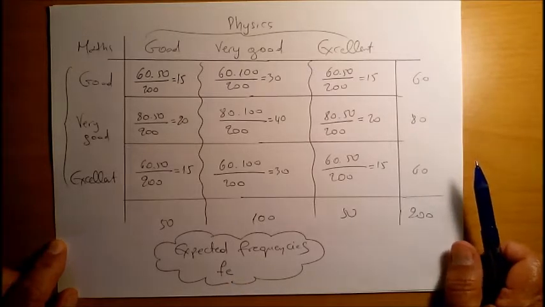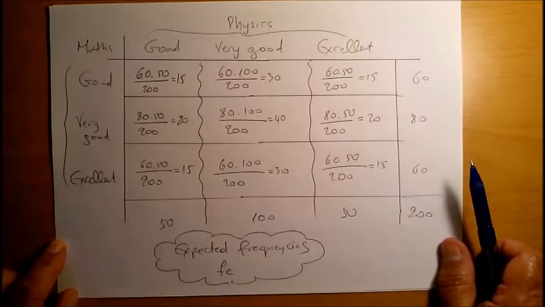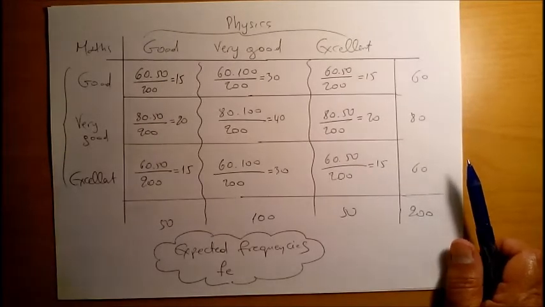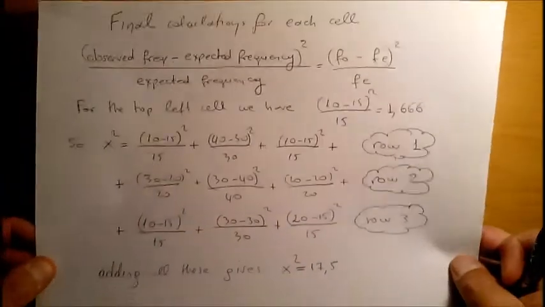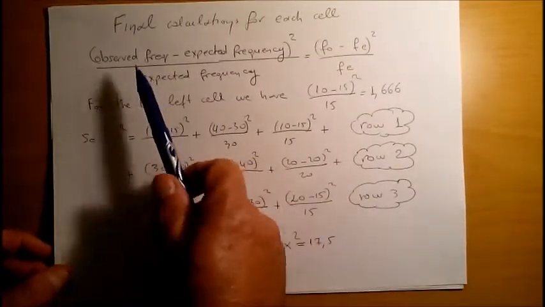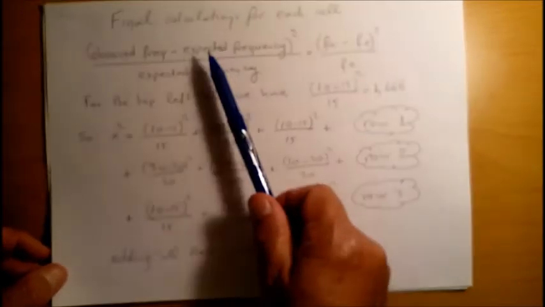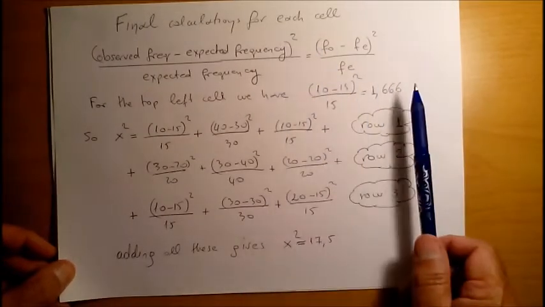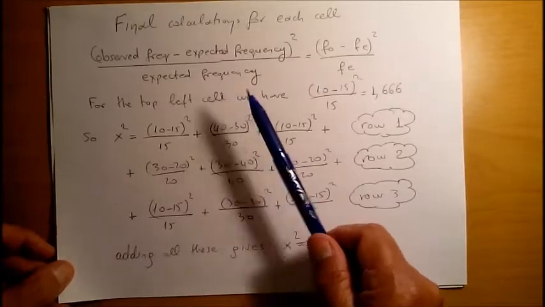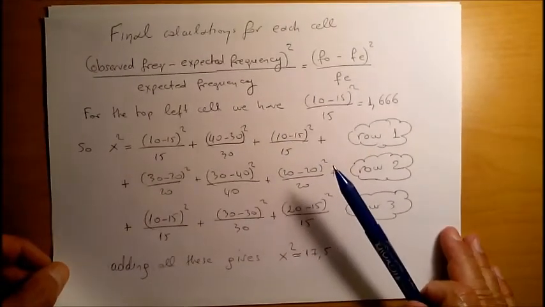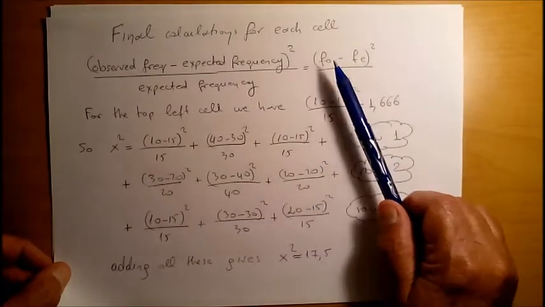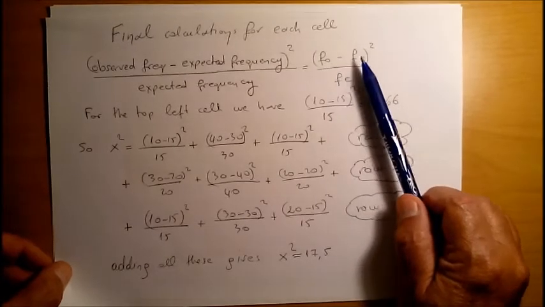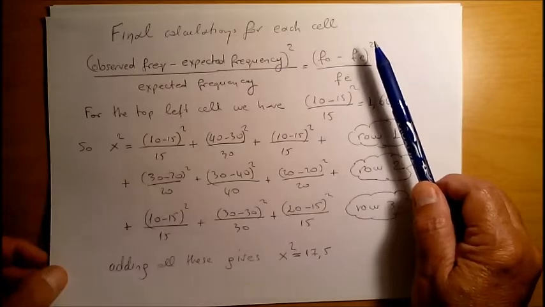So, finally, we are going to use a formula for each cell. This is our formula: observed frequency minus expected frequency, and the result raised to the power of 2, over expected frequency. This will be calculated for each cell. That is, Fo minus Fe, raised to the power of 2, over Fe.